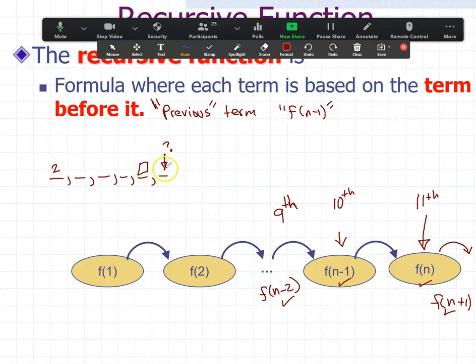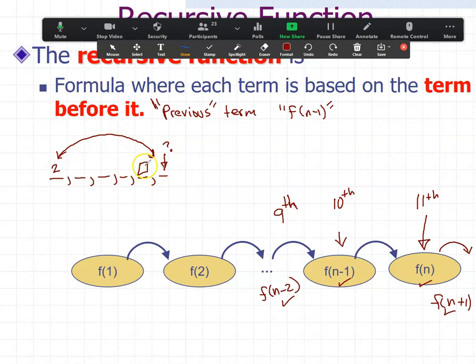In order for you to know this one, you need to have known the one before. It's like saying you're going to go from 9th grade to senior year. You can't. You got to go from 9th to 10th to 11th to 12th grade. So that's the thing about recursive.